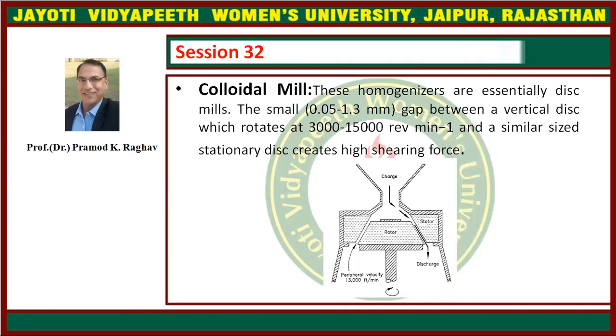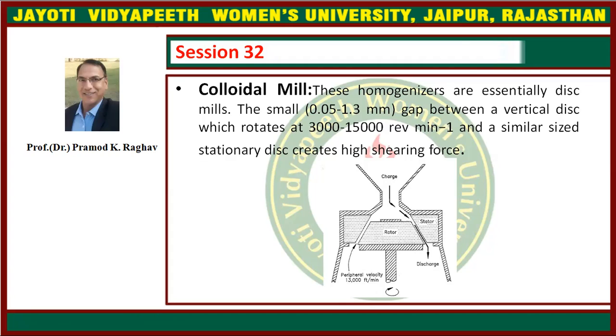Now I'm coming to another type of homogenizer, known as colloidal mills. Colloidal mills are disc mills, where one disc is stationary and one disc is rotating. The stationary disc stays at one place, and the rotating disc is a vertical disc which rotates at 3,000 to 15,000 revolutions per minute, and there is a small gap of 0.5 to 1.3 mm between these discs.